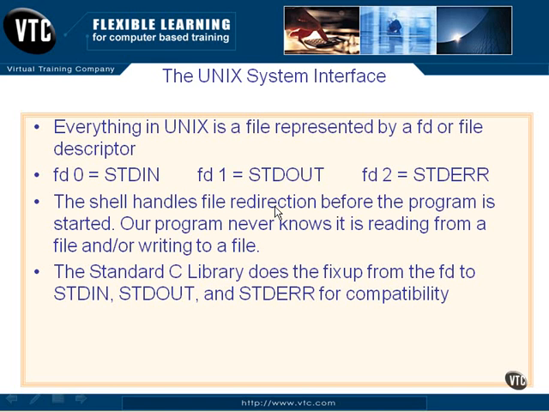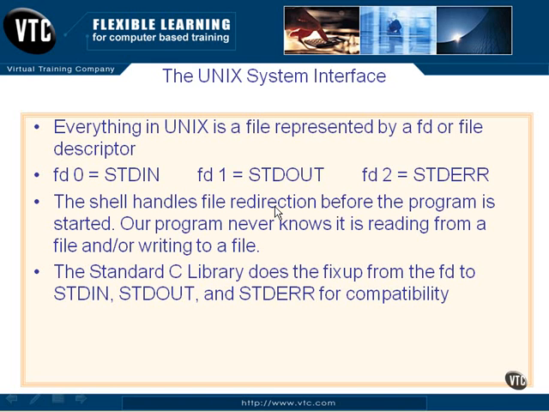And printf, scanf, those kinds of functions do yet another fix-up to default to using standard in, which defaults to using file descriptor 0, which defaults farther down in the stack to the normal input, which is the keyboard file, set up by the shell.